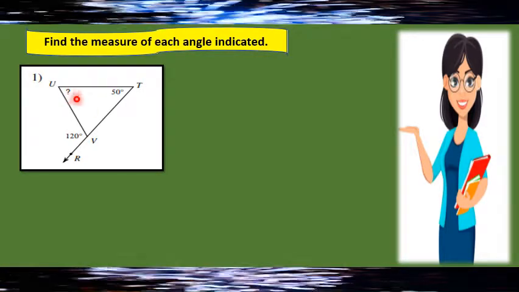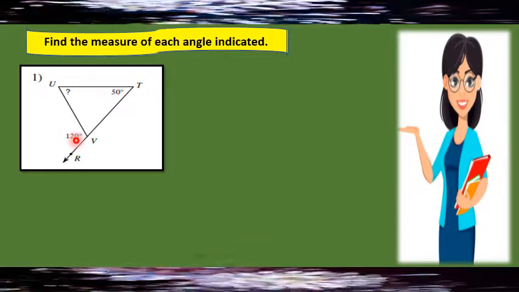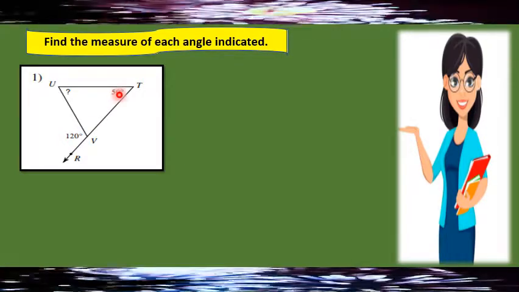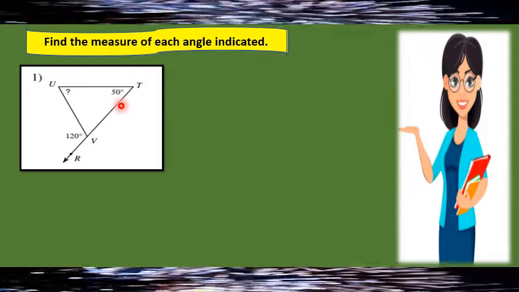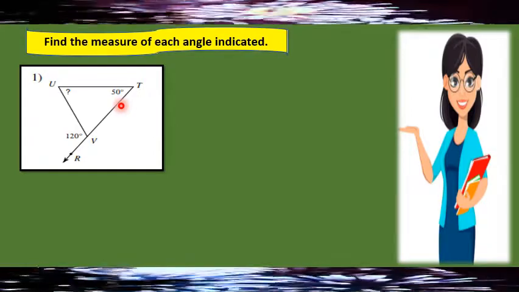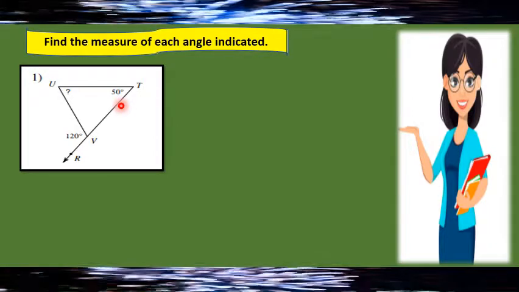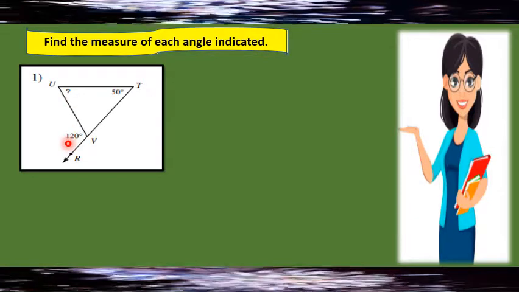Since we have the measurement of the exterior, and this is the other remote interior, we're going to subtract. Remember, the formula of the exterior angle is to add if the missing angle is the exterior.